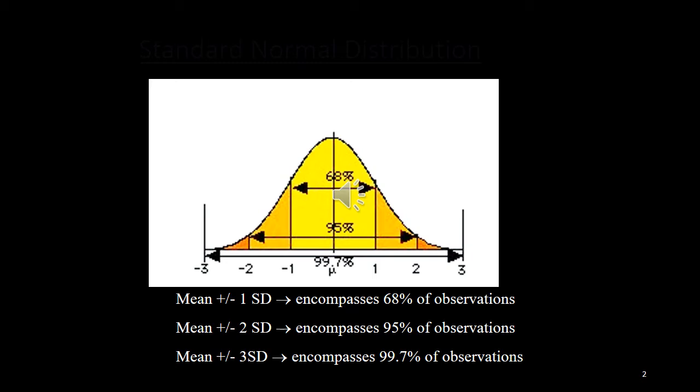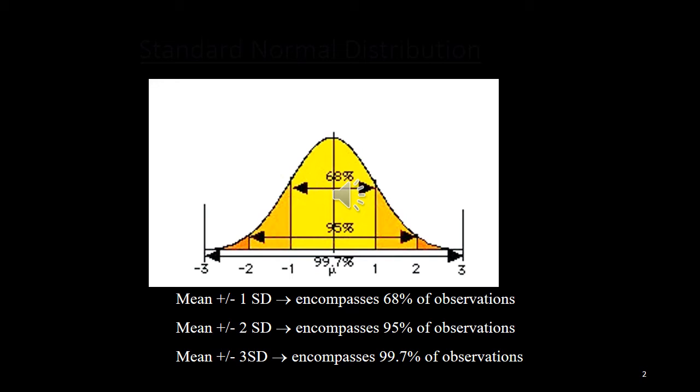After using the standard deviation or Chebyshev inequality, in which mean plus minus 1 standard deviation encompasses 68% of the observations, and mean plus minus 2 standard deviations encompasses 95% of the observations.